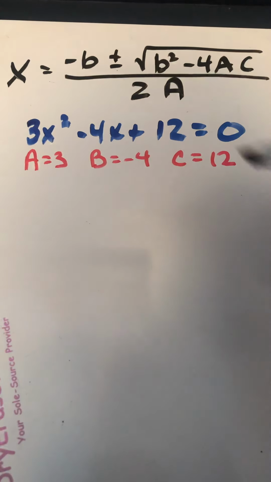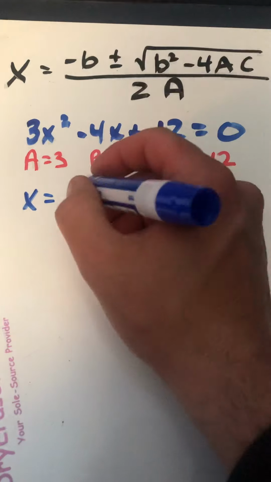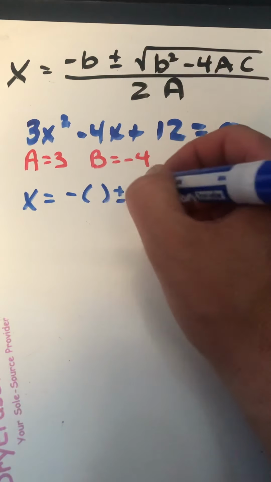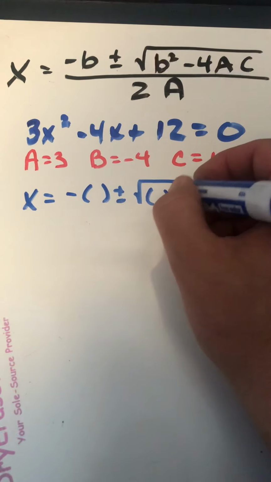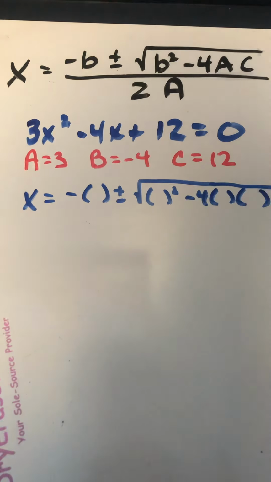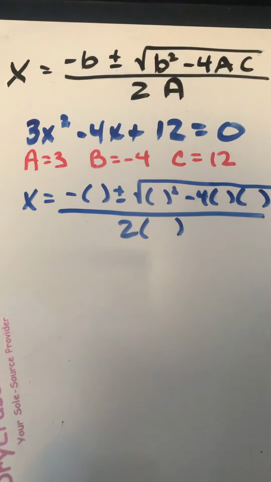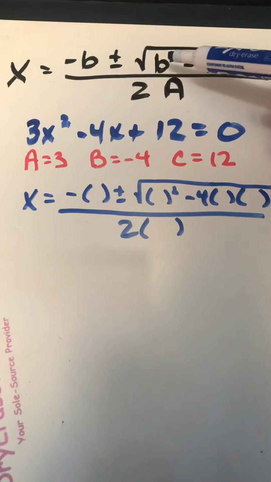Next, we're going to head to the quadratic formula, which says x, our answers, equal negative the b value plus or minus the square root of the b value squared minus 4 times a times c, all over 2a. Our b values go in here and here.